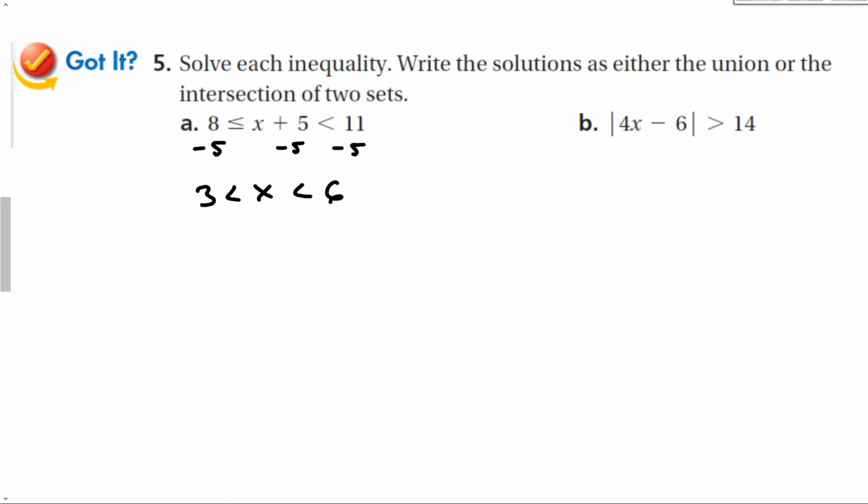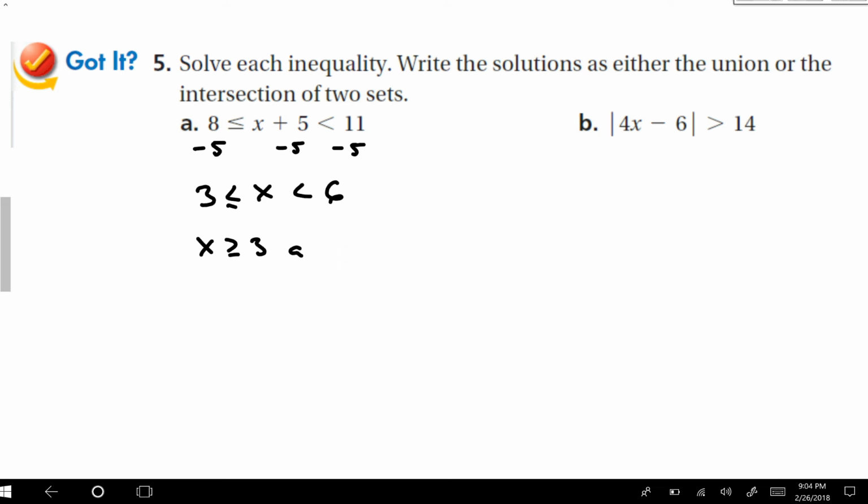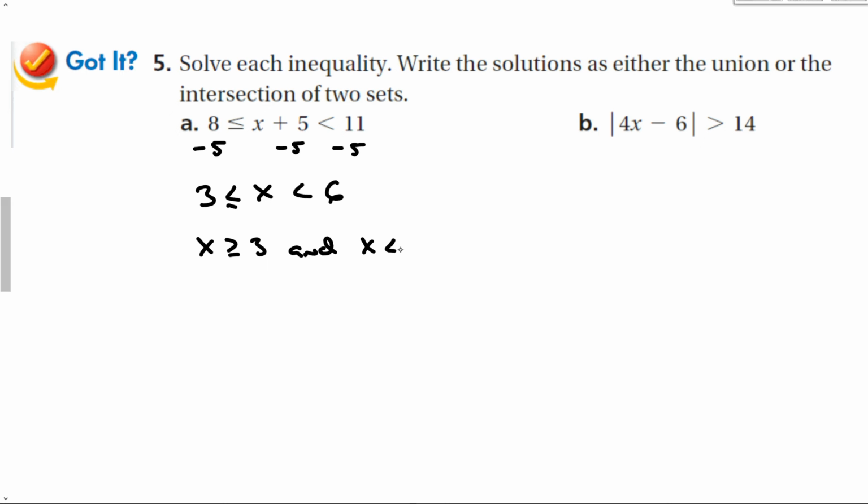So when I solve this, I now have that x is greater than or equal to 3, and x is less than 6. So when I set this up, I can say x such that x is greater than or equal to 3, and wherever that intersects, x such that x is less than 6.